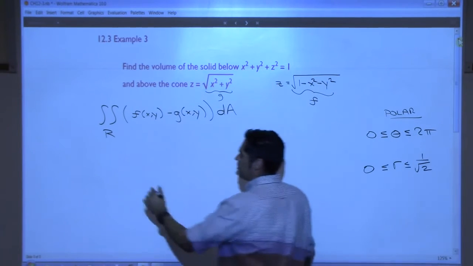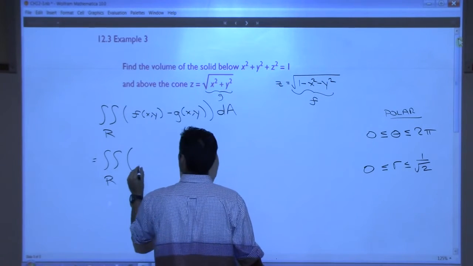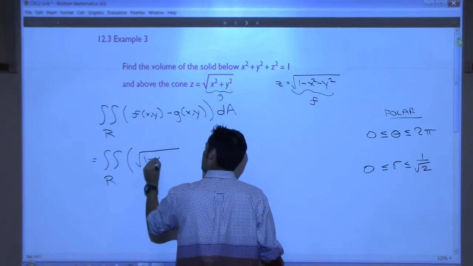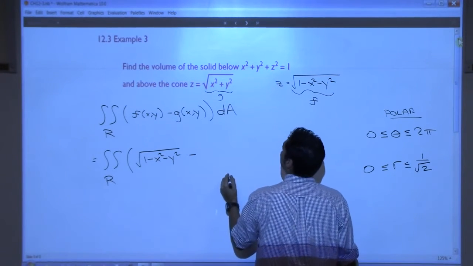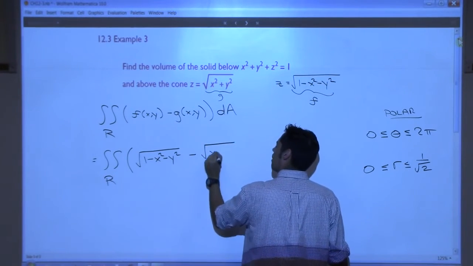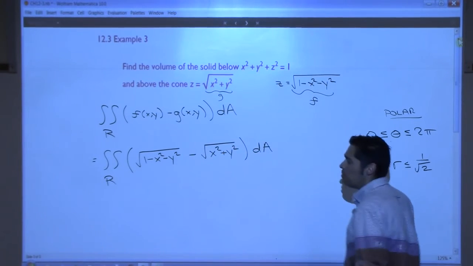So this becomes double integral over R of square root 1 minus x squared minus y squared minus square root of x squared plus y squared dA. That's what it would be in Cartesian.